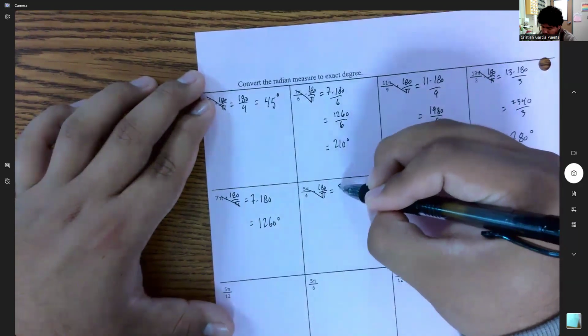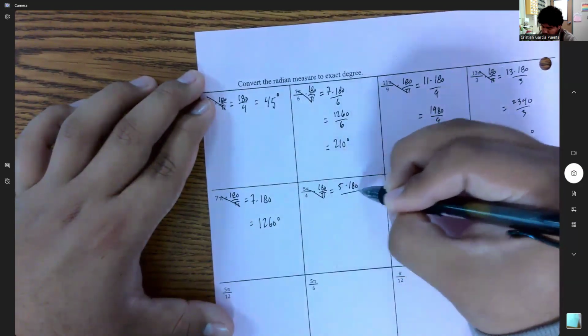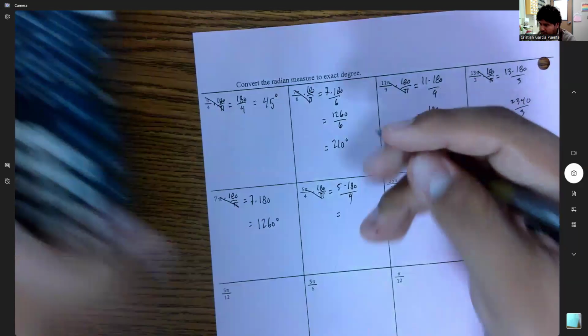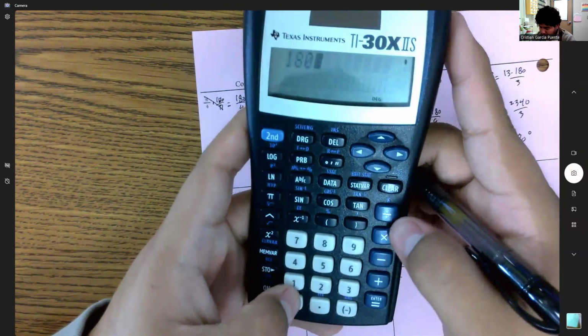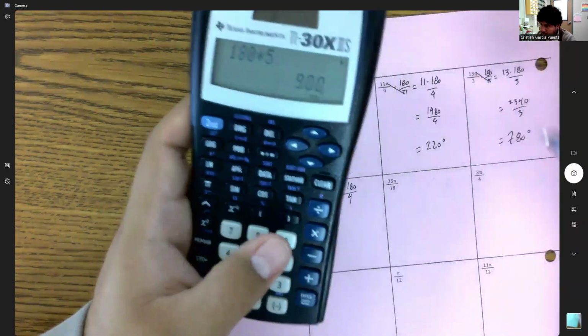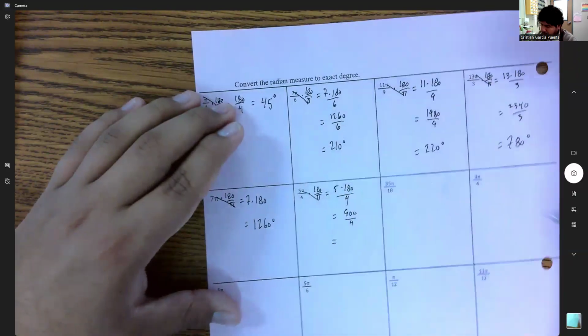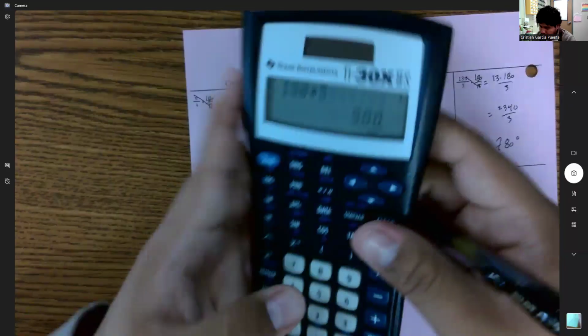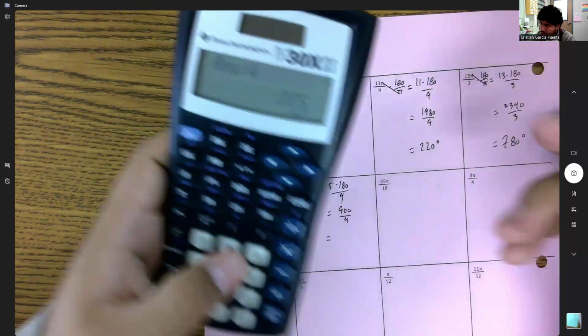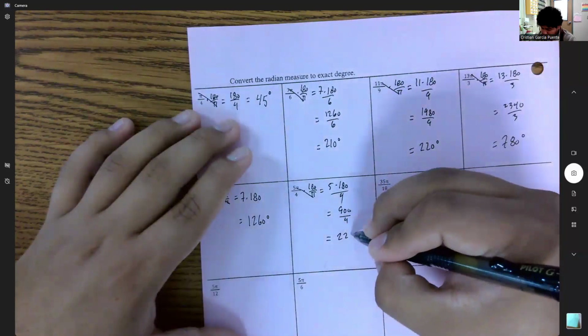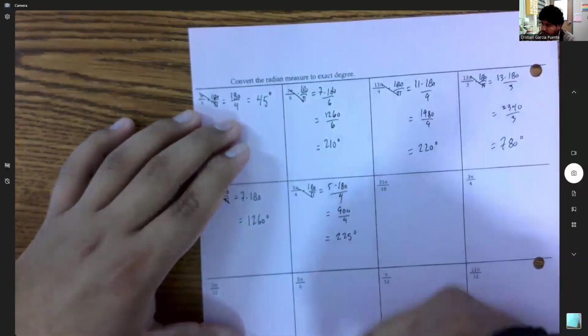So you'll be left with 5 times 180 all over 4. And then 5 times 180 is 900. So 900 divided by 4. And then just put that in your calculator. That's 225. And that's your answer, and you're done.